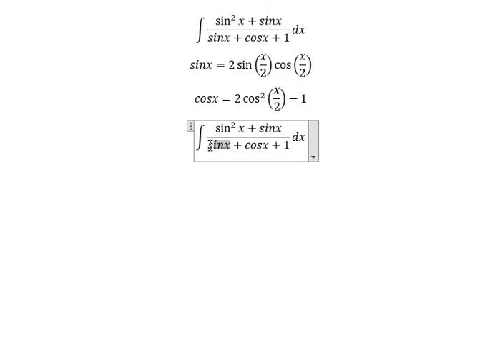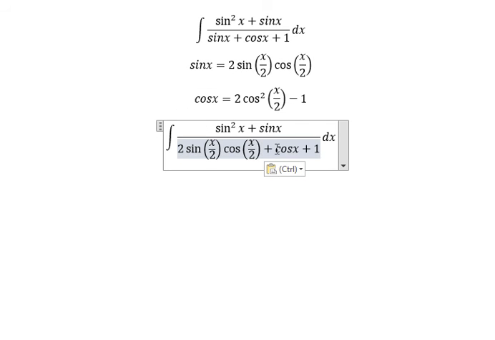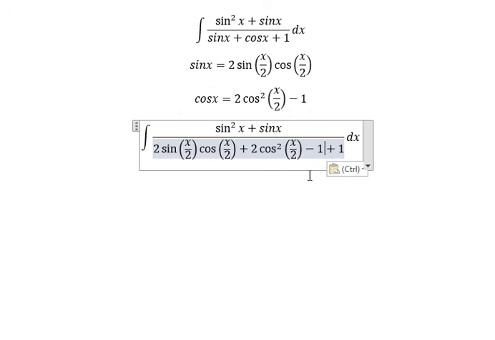About sin x, we got this one. Cosine x, we got this one. Similar on this one too.